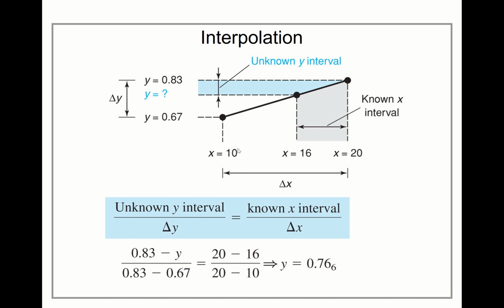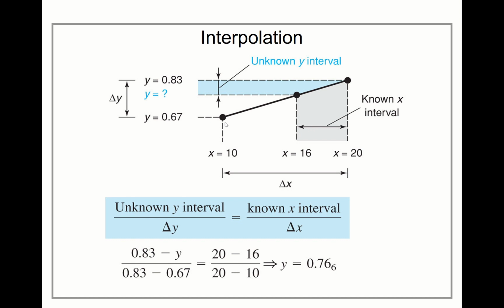You know the y values for x equals 10 and 20: when x is 10, y is 0.67, and when x is 20, y is 0.83. But you want to know the y value when x equals 16.